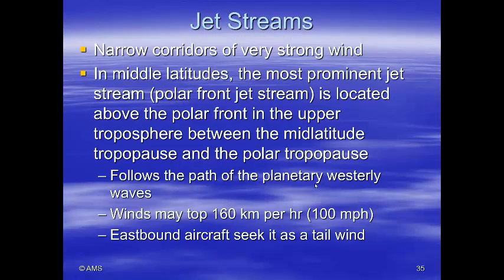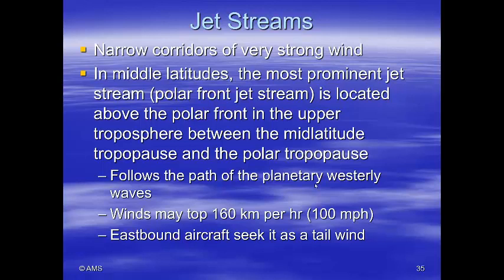Probably everyone has heard the term jet stream, and these are narrow corridors of very strong winds. They're in the middle latitudes, and the most prominent jet stream, the polar front jet stream, is located above the polar front in the upper troposphere between the mid-latitude tropopause and the polar tropopause.